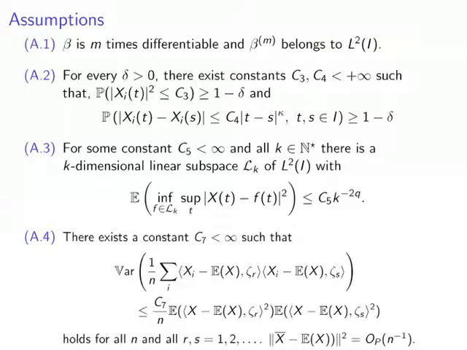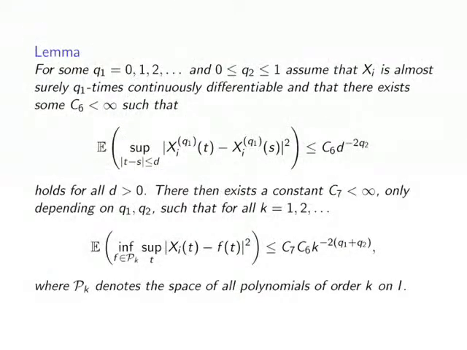For example, this q can be related to the smoothness of your functions X. By Jackson's theorem, if the X's are almost q1 times differentiable and there exists a constant such that the Lipschitz condition is fulfilled, then the quality of this linear approximation is given by at least k to the minus 2 q1 plus q2.